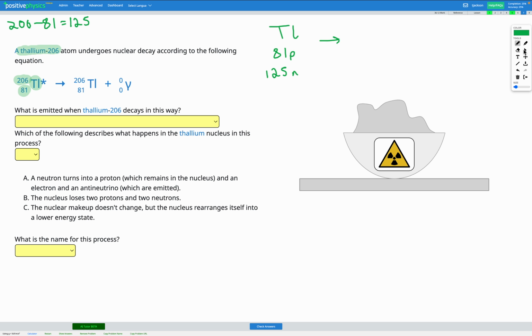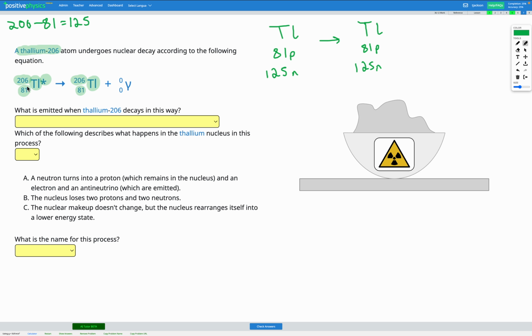Then, afterwards, we still have thallium. It still has an atomic number 81, and it still has a mass number of 206. So it's going to be the exact same atom afterwards, with 81 protons and 125 neutrons. However, notice that at the start we had this star next to our thallium atom.